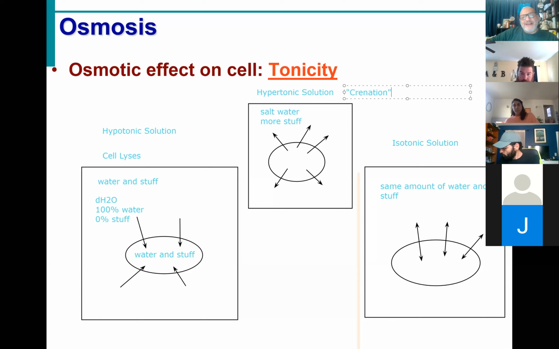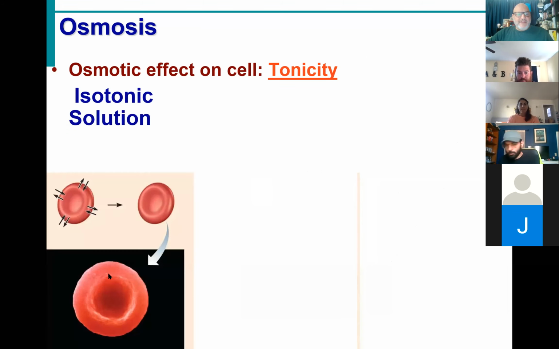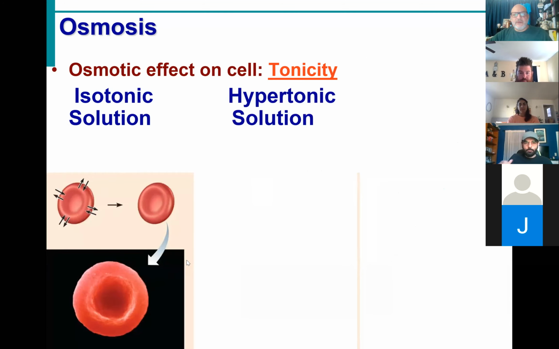So the environment that we put our cells in is vitally, vitally important, because this movement of water affects the health and the function of these cells, affects their tonicity. Again, I've done an amazing job of drawing this, but let's look at the pretty pictures from your textbook. Here we see an example of that happy red blood cell in its isotonic solution.